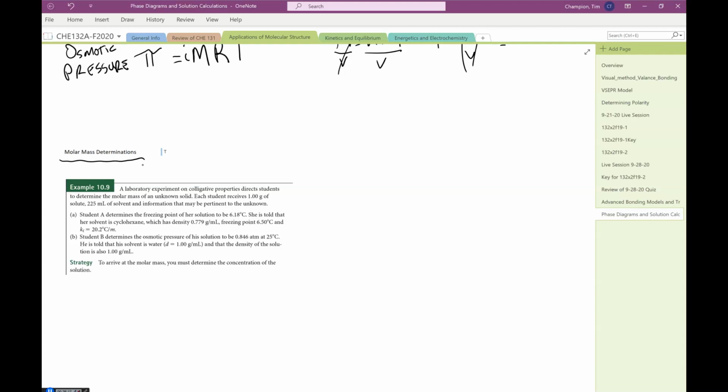So we've got a student here in the first one who's determined that the freezing point is 6.18 degrees. So I'm going to write this.